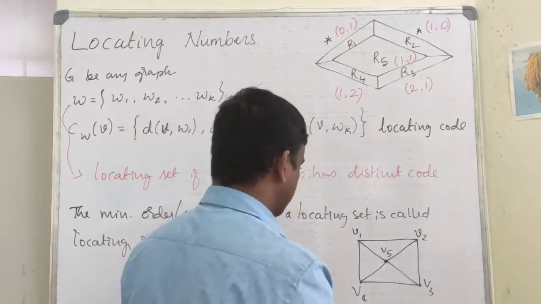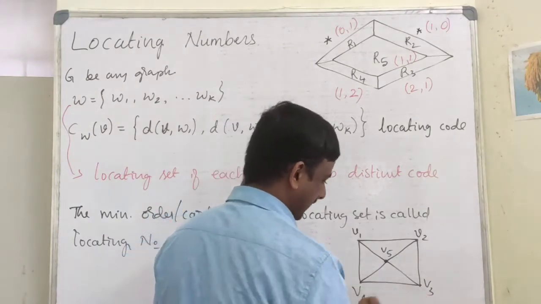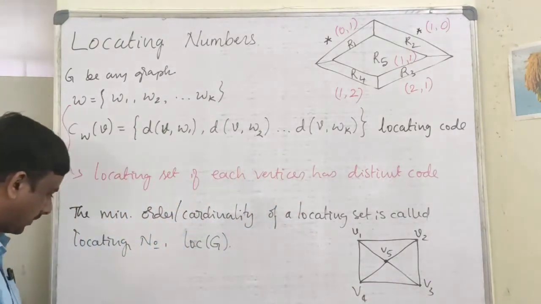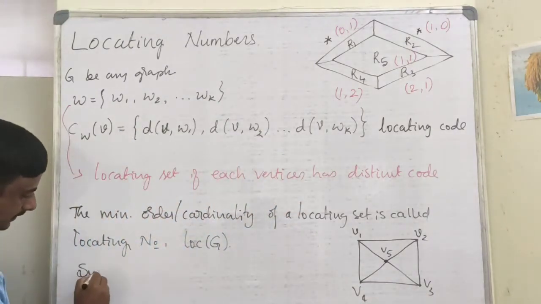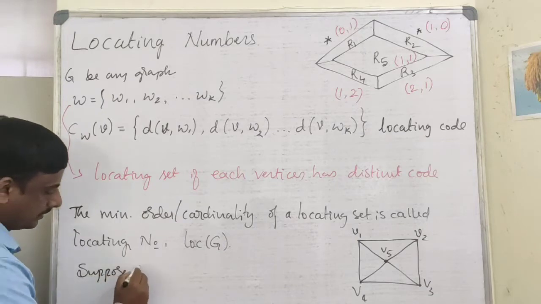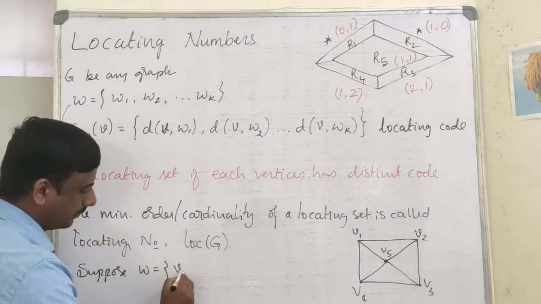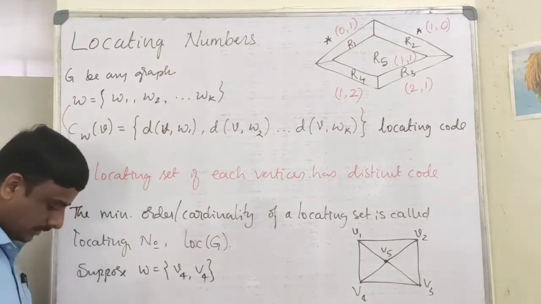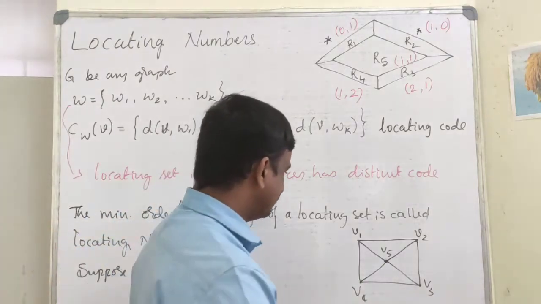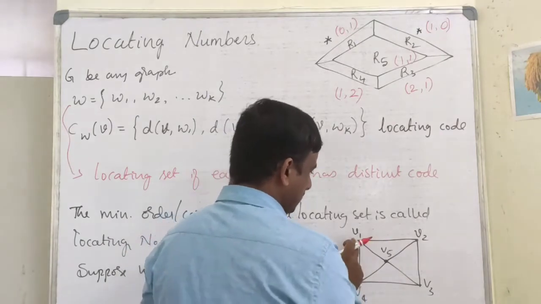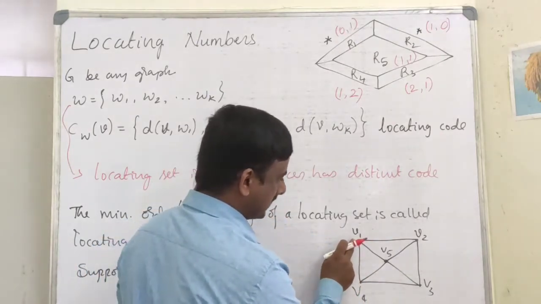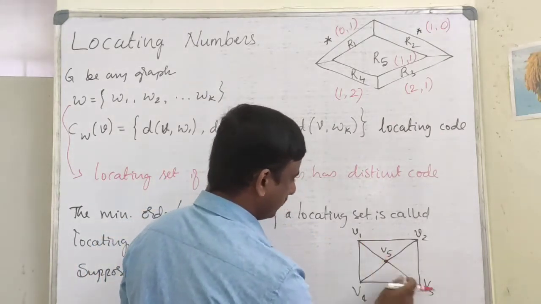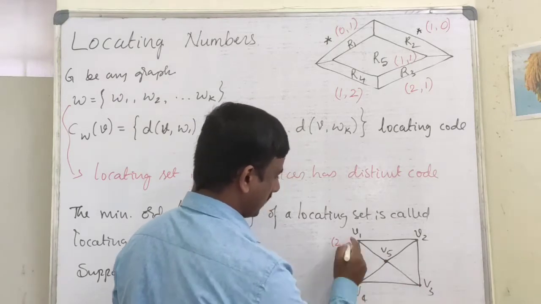Or for example, suppose I take W equal to V4, V3, or V3, V4 you can take. Now let us identify the locating codes. This one has distance 2 from V3, so 2, 1.